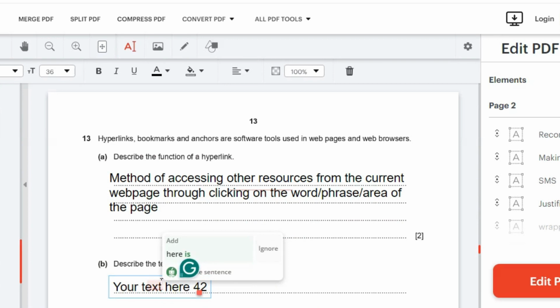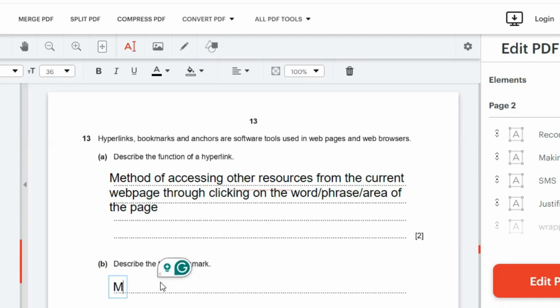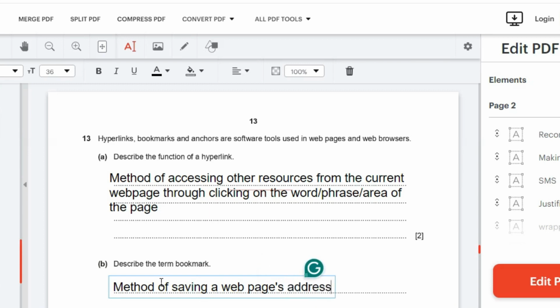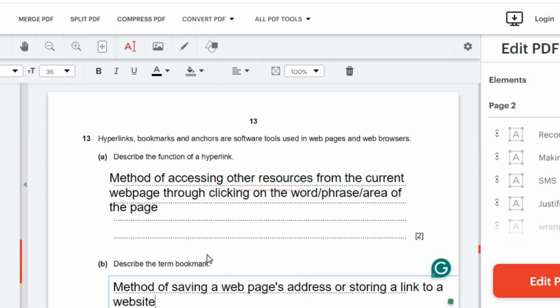The method of saving a web page's address, or storing a link to a website. That is the description of the term bookmark.